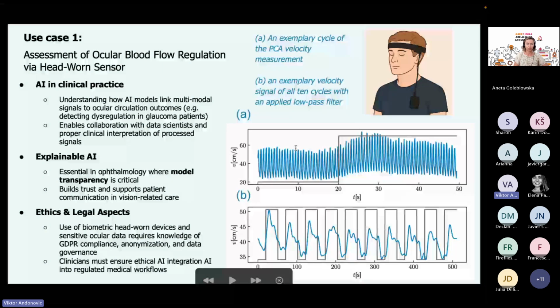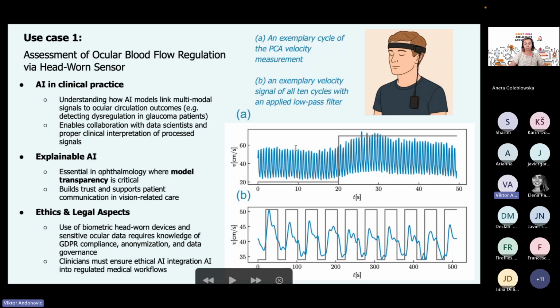So before I describe both use cases, I'm just going to mention this: the professionals in the medicine and healthcare domain do not have to understand fully the implementation of these methods, but because they will be closely working with data scientists, they need to understand how these models work, how they are used in practice, even before designing the process, the experiment.